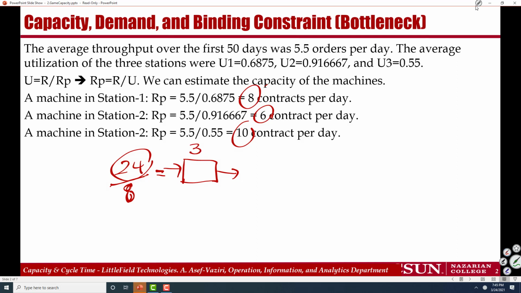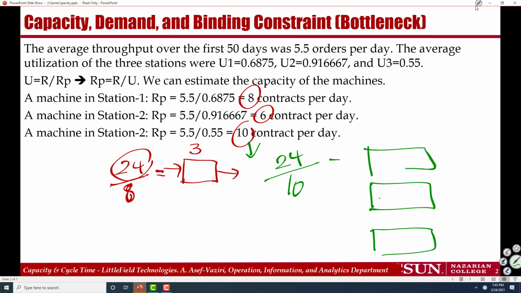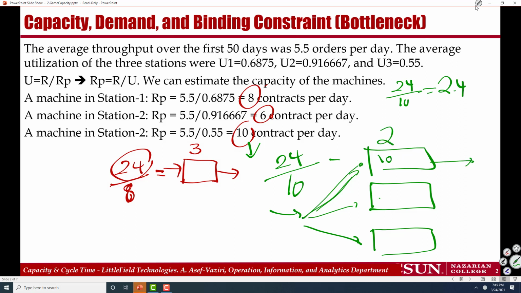The same is true for station 3, because capacity is 10 and a day is 24 hours. So if there is a machine here, or more than 1 machine here, when a product comes in, it should go to one of these machines, and as soon as it goes there, capacity is 10 per day. 24 divided by 10 is equal to 2.4. It takes 2.4 hours to go out.